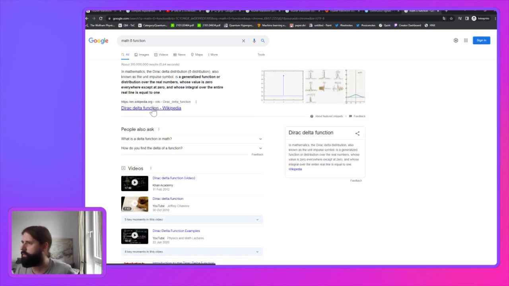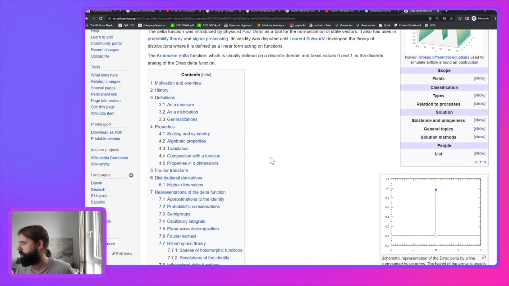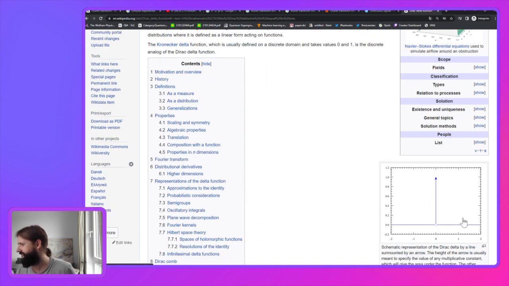Exactly, the delta function. The unit impulse symbol is a generalized function or distribution over the real numbers whose value is 0 everywhere except at 0. Okay, so it's a function that basically gives you 0 for everything, but then gives you something different for one point. Every continuous function to its value at 0. Okay, so it's just like that. That's what it is.